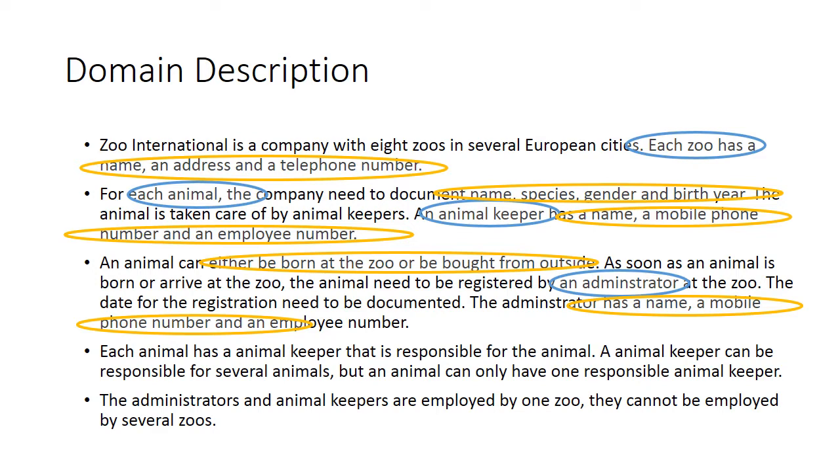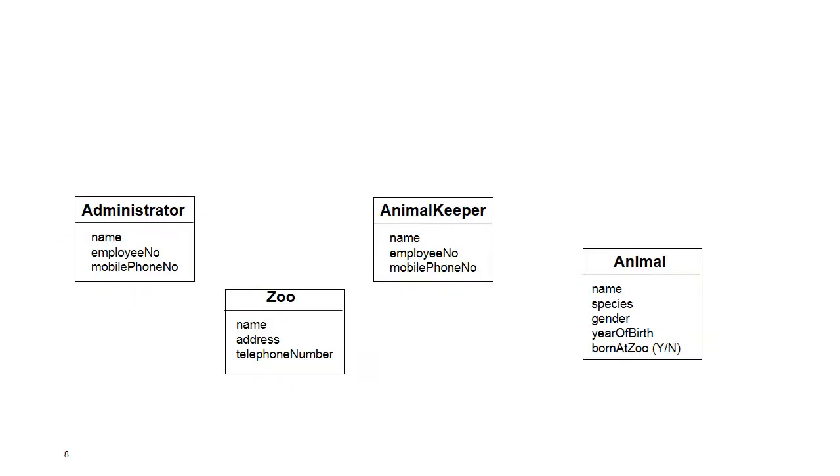Animal keeper has name, mobile phone number, and employee number. Administrator has name, mobile phone number, and employee number. Note also that the animal could be born at the zoo or be bought from outside. I have now added the attributes to the classes.